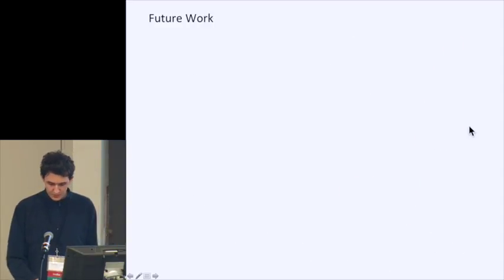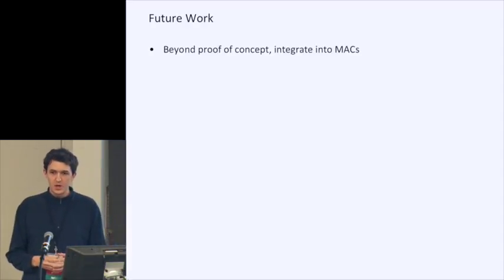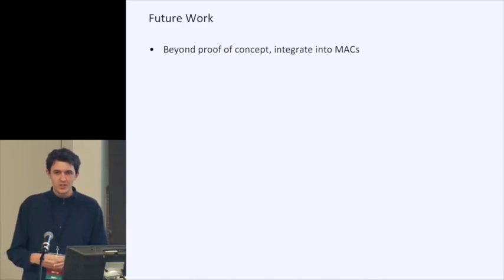All right, so future work. All of this was essentially a bunch of proof of concept experiments which we conducted, and we thought these were quite interesting results, but of course it would be even more interesting to now integrate these new insights about matching your synchronization header whichever way you want into actual MACs.